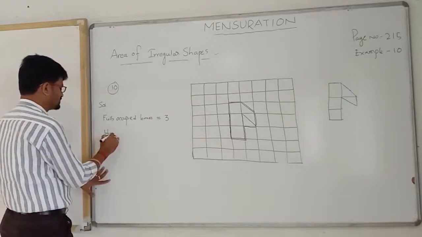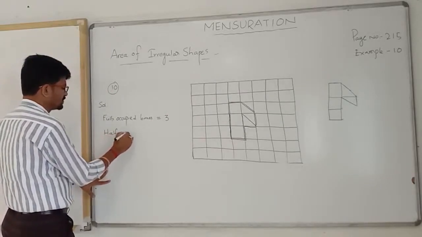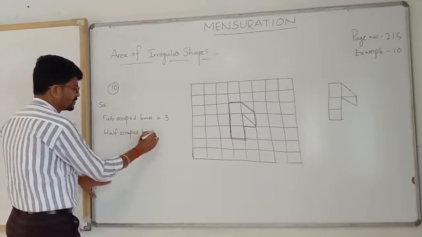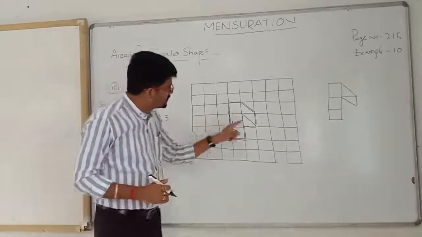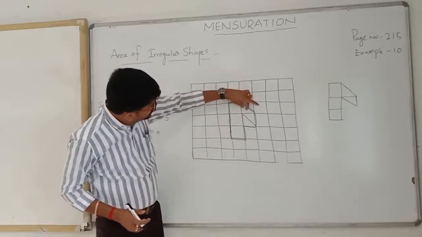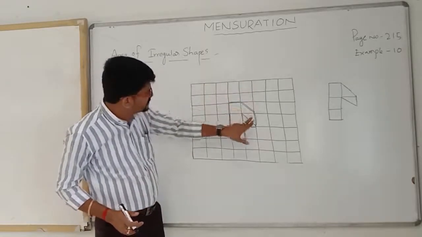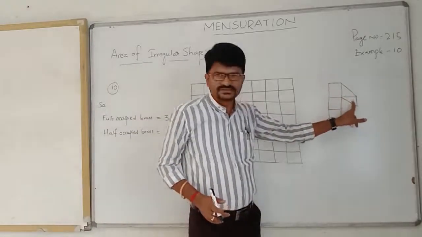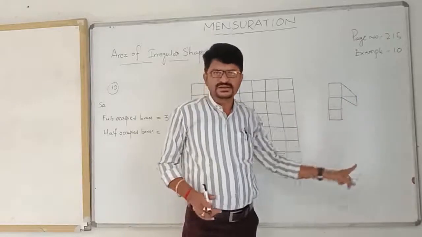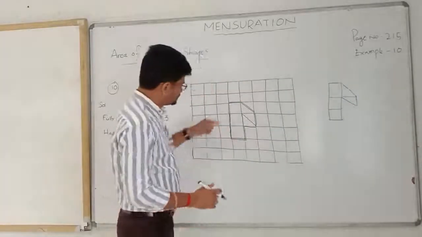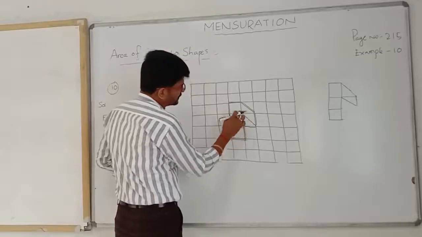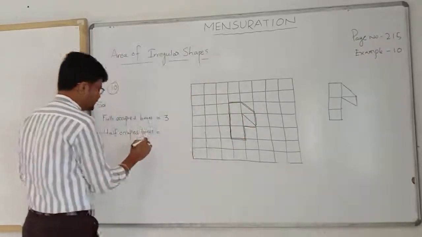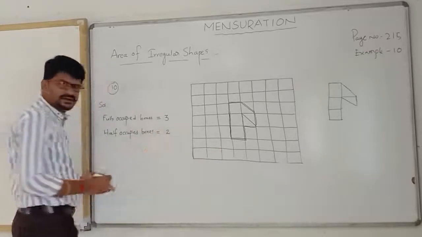Half occupied boxes, how many are there? This is half and this is half. Is there any other half box here? It is not occupied. This is half and this is half and these three are full. Half occupied boxes, 2.